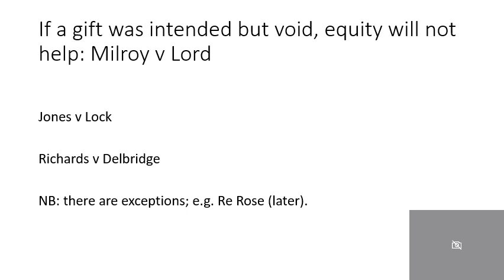Why? Because the donee in this case was a volunteer, right? They had not provided consideration. So if they've not provided consideration, do you remember the maxim? Equity will not perfect an imperfect gift. Equity will not assist a volunteer. Let's look at a few cases as illustration.